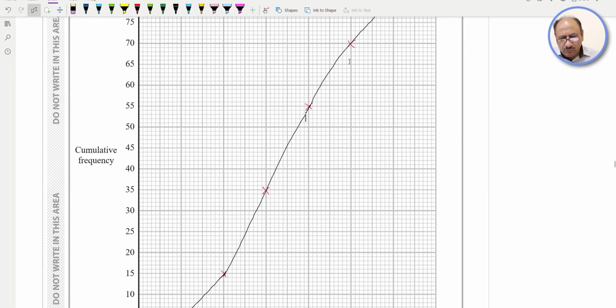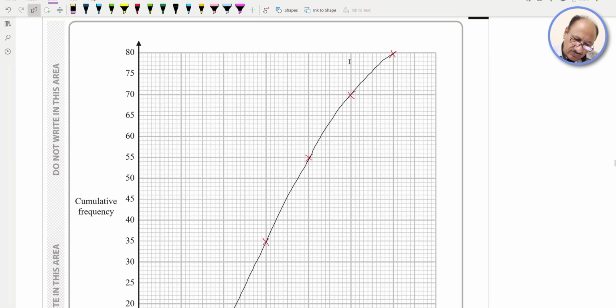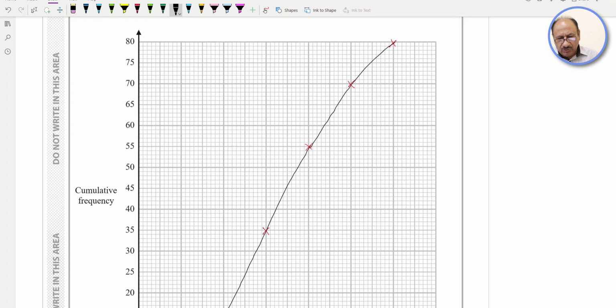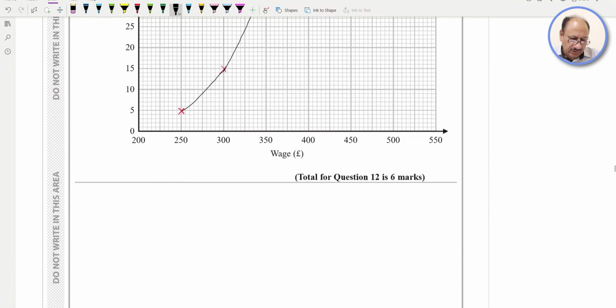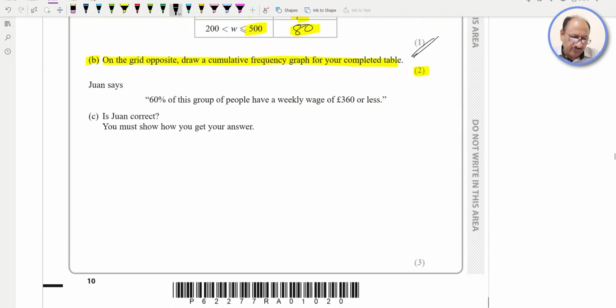So almost a smoother curve we have drawn. Basically I will redraw this portion. Okay, so this is done now, and the first one we also need to modify a little. Then what else? This is done. This is the 2 marks part which we have drawn.